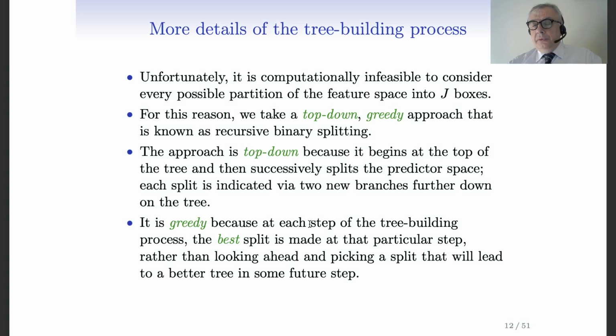Okay, it would be nice if we could explore all possible alternatives for the boxes that I can define in my predictor space, but this is computationally impossible. So you can imagine so many boxes that you cannot go that way, and this is not feasible. So rather we follow a top-down greedy approach.